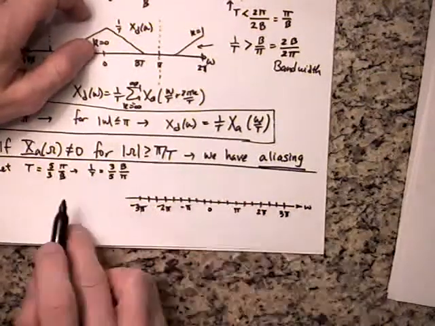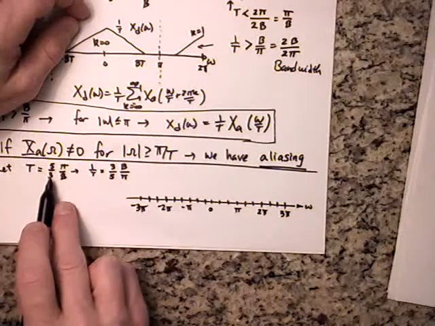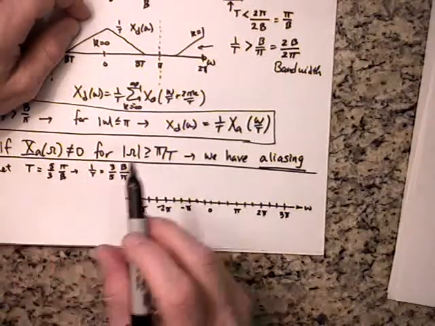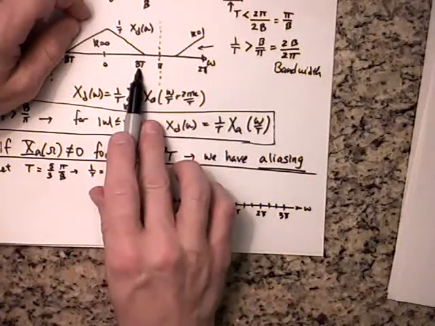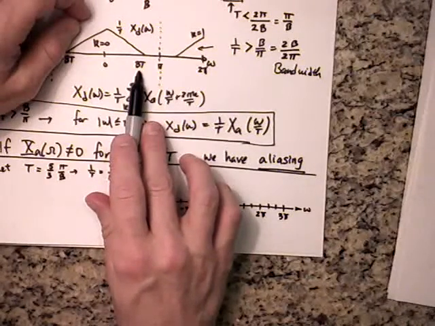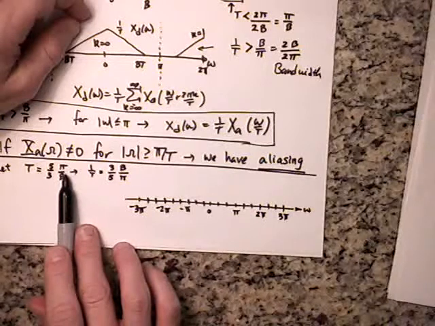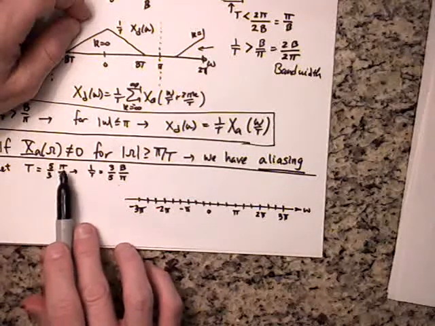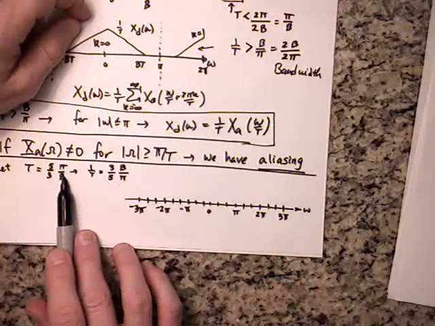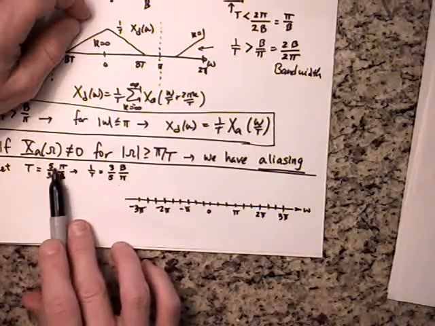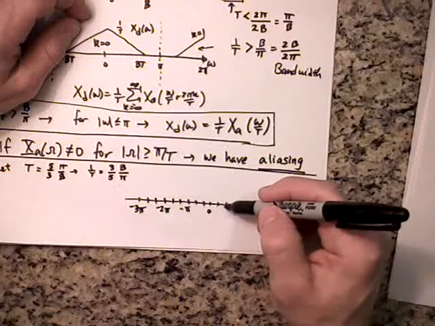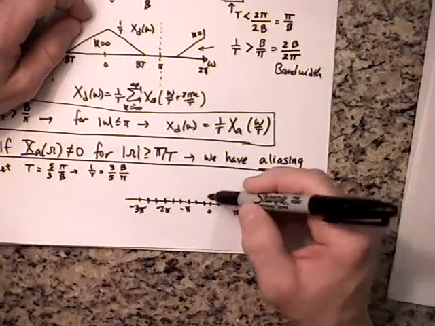Okay, so since T is 5/3 pi over B, then B times T must be B times 5/3 pi over B. So B times T becomes 5 pi over 3. So 1, 2, 3, 4, 5 pi over 3.